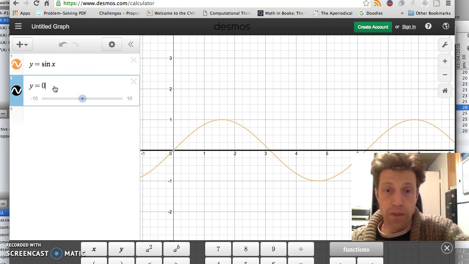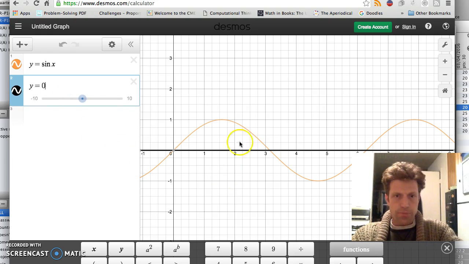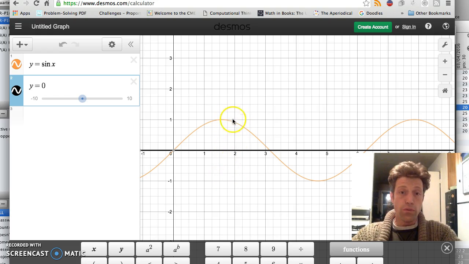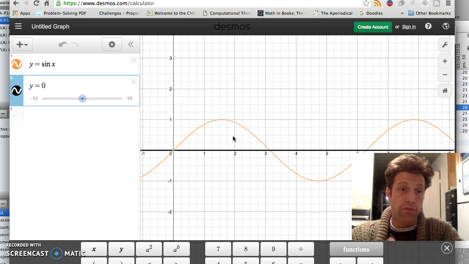That's the midline. And the amplitude, what's the amplitude? Well, remember the amplitude is the whole range, in this case, from 1 to -1, that's 2, divided by 2, so the amplitude is 1. The amplitude of the sine function is 1.